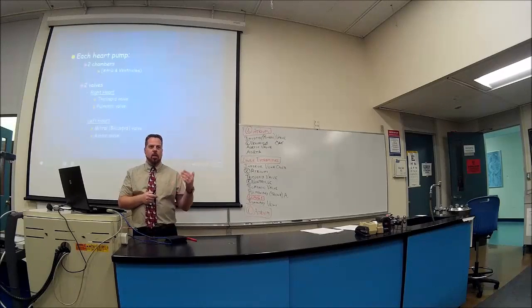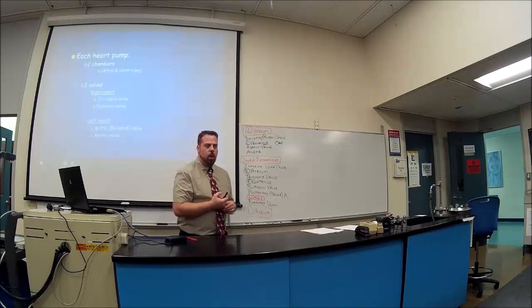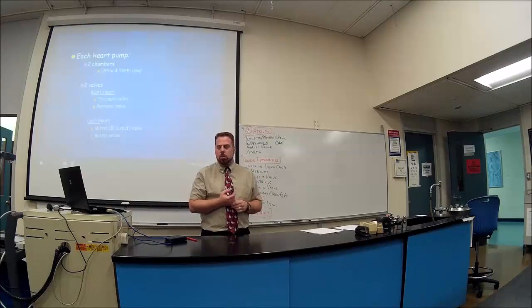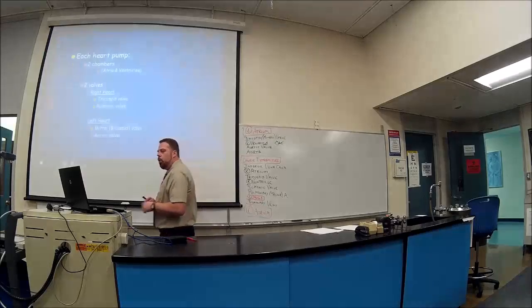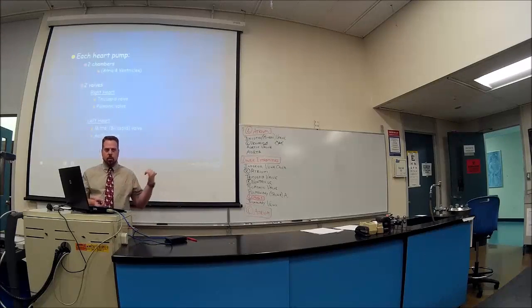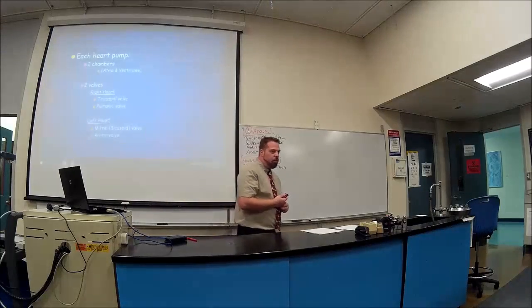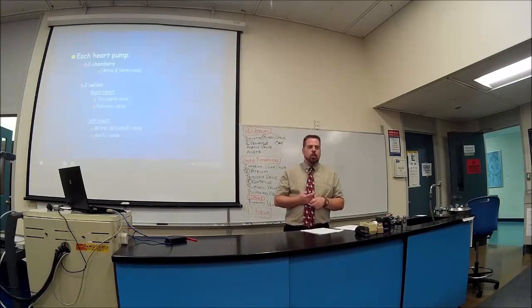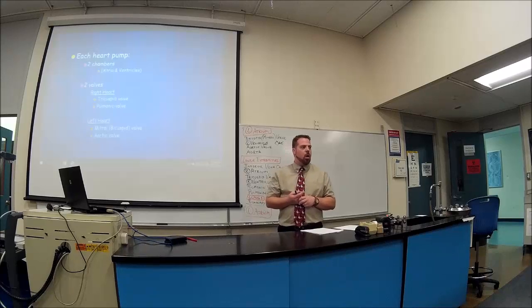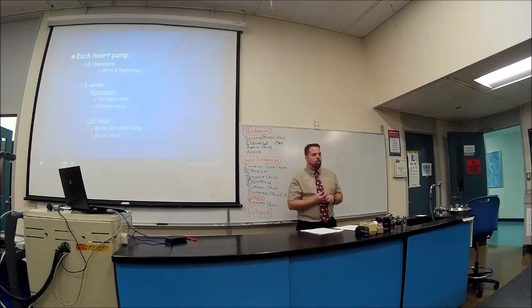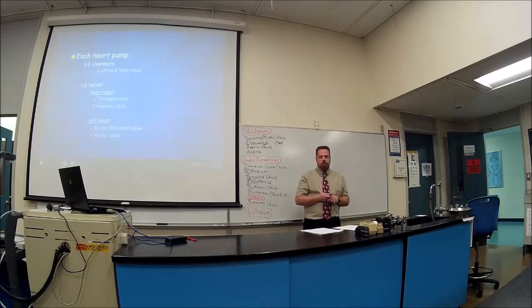The left side has the left atrium and the left ventricle. On the right heart, we have two valves, as you've seen, right? The tricuspid valve and the pulmonic or pulmonary valve. The left side has two valves also, but those are the bicuspid, also known as the mitral valve, and also the aortic valve that's there.